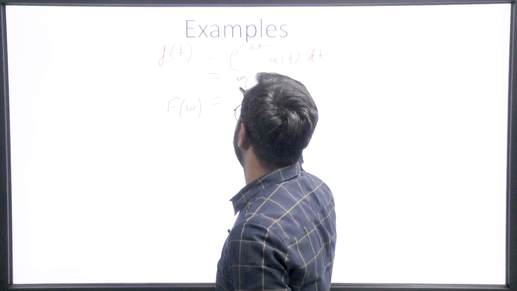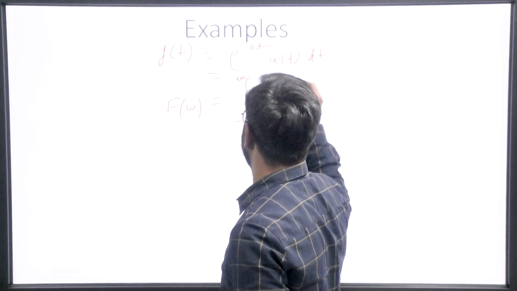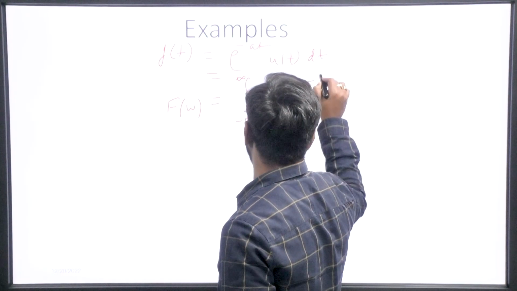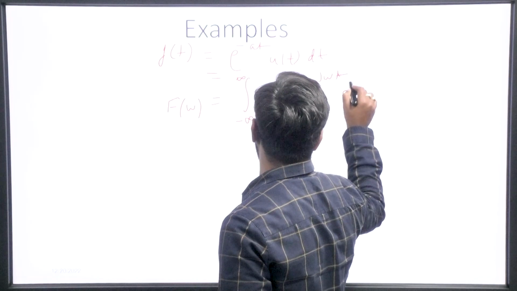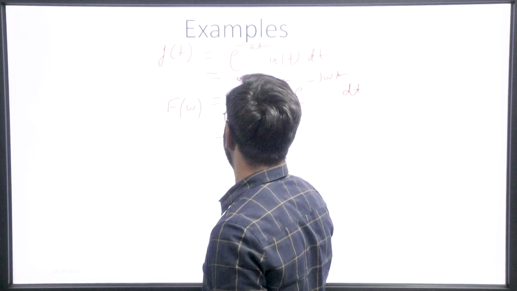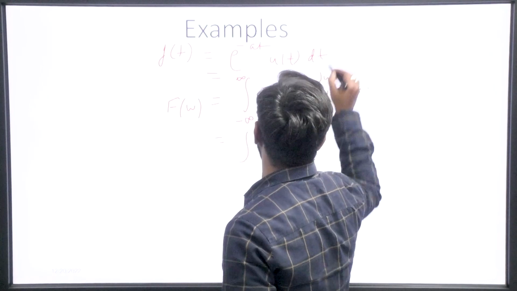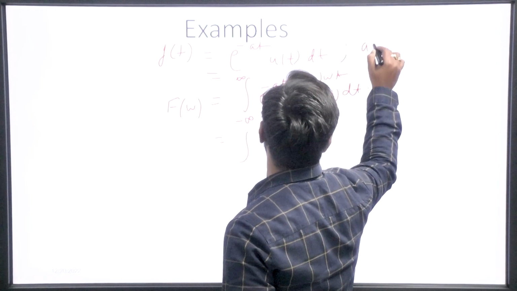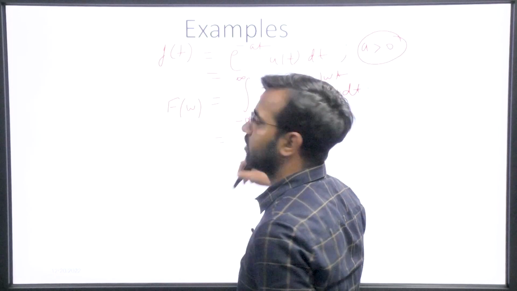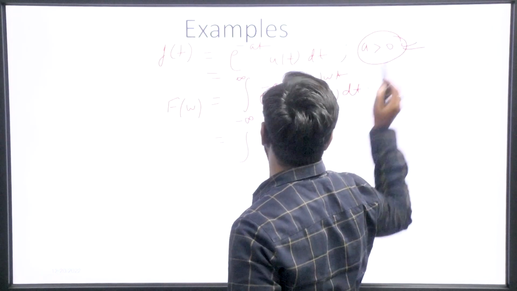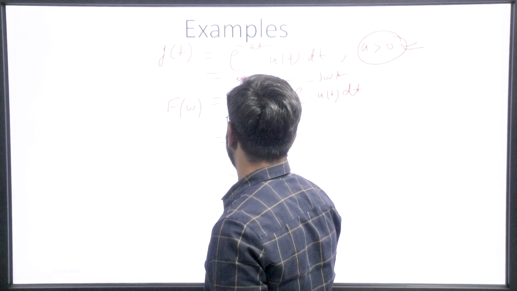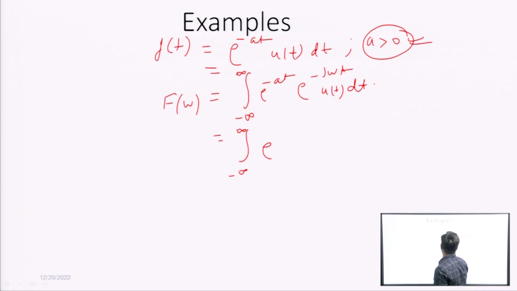We take e to the power minus a t u(t) times e to the power minus j omega t dt, with the condition that a is greater than 0. When we solve this, we will see the importance of a greater than 0. This gives the integral from minus infinity to infinity of e to the power minus (a plus j omega) t u(t) dt.